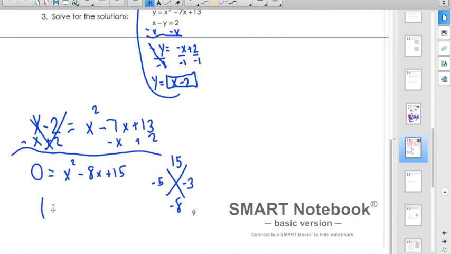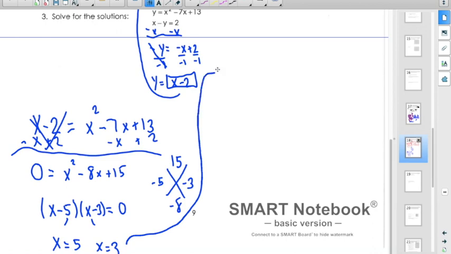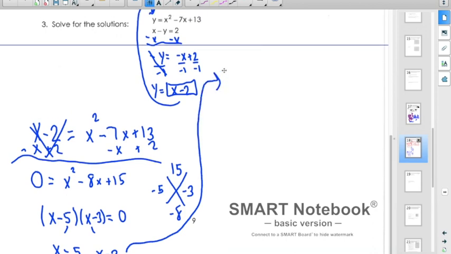Your answer that you should get is x minus 5 times x minus 3 equal to 0, which means that x equals 5 and x equals 3, which is good, but not fully there yet. We got to find each corresponding y value for when x equals 5 and for when x equals 3.